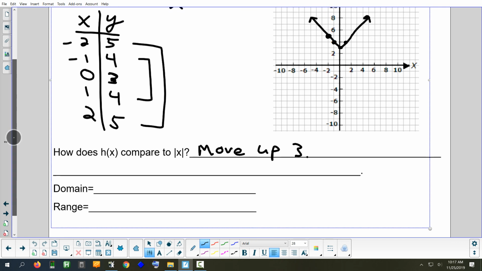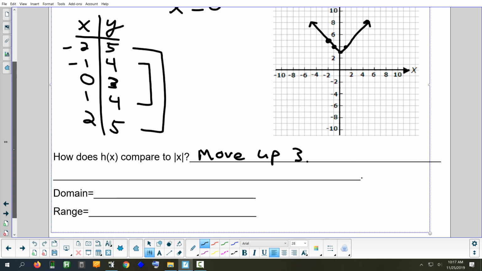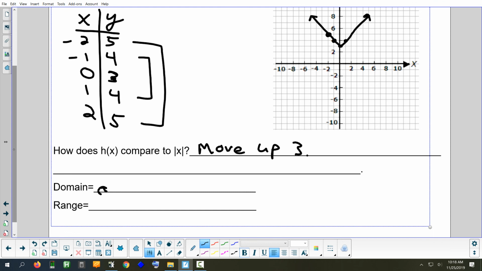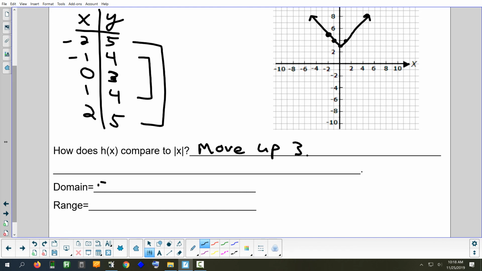Okay, now the domain. What did I say the domain was for every absolute value function? All numbers. It's a V-shape. V-shapes are always going to go left and right forever. You can't change that. So just put all numbers. Now range is up and down. Does this graph go down forever? No. Then that means it has a lowest value and that's it. It doesn't go any lower. Look at that V-shape.